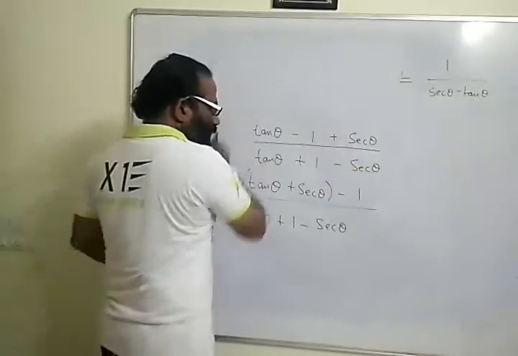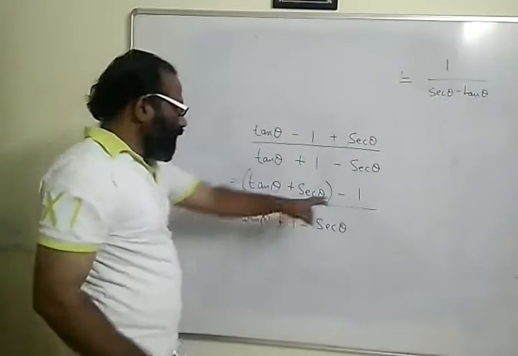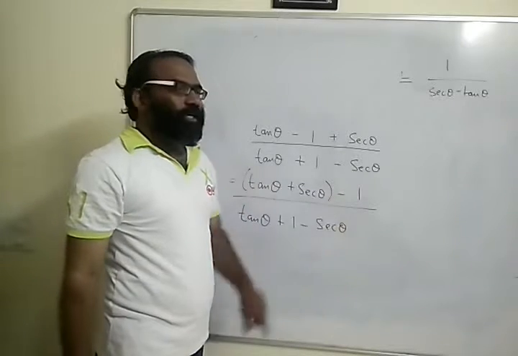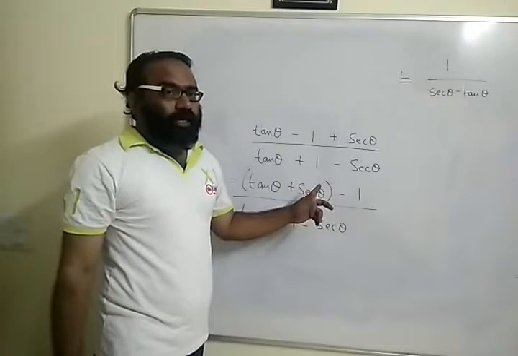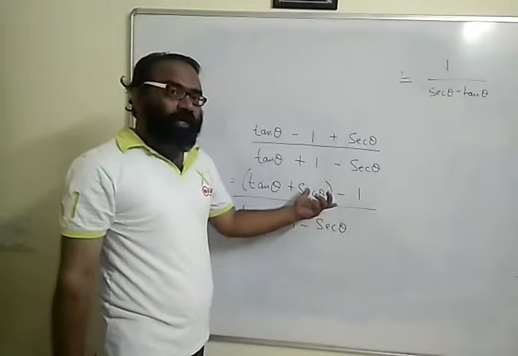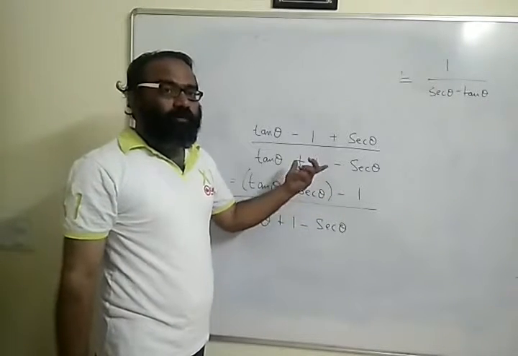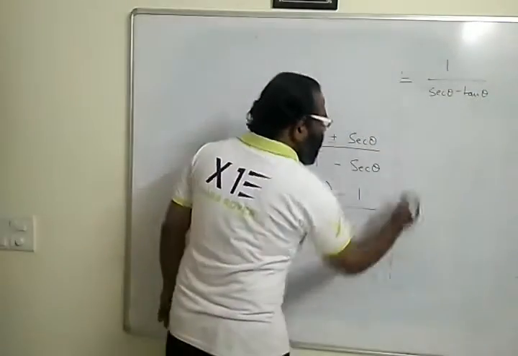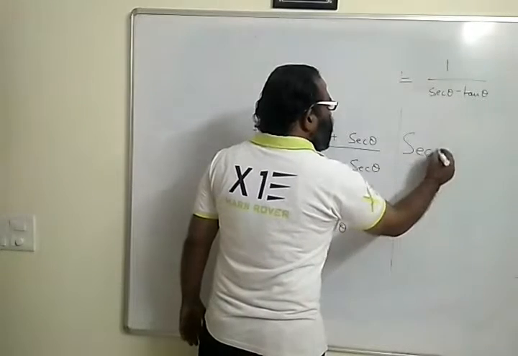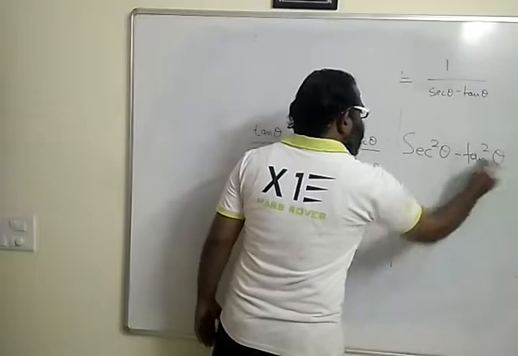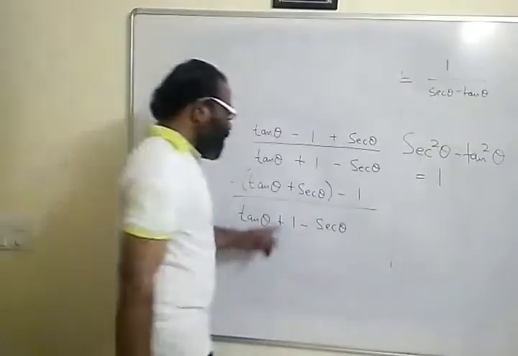What do we do? Everything here now is in tan and secant form. This 1, using the identity where 1 is related to secant and tan, that would be secant squared theta minus tan squared theta is equal to 1. That is the identity that you need to remember. Secant squared theta minus tan squared theta equals 1.